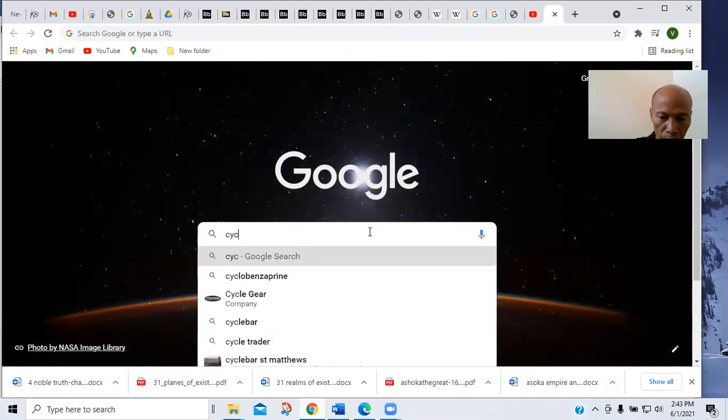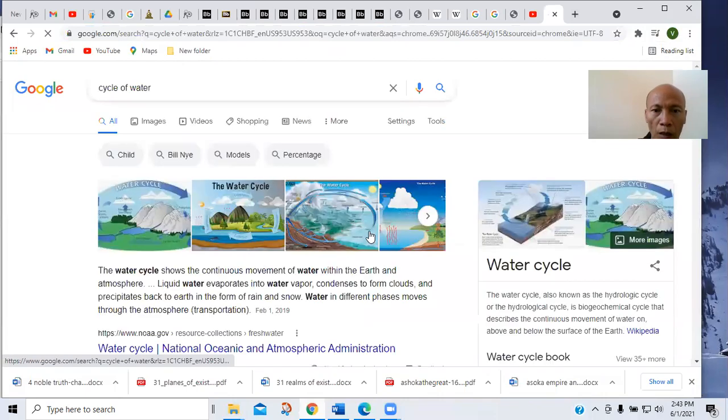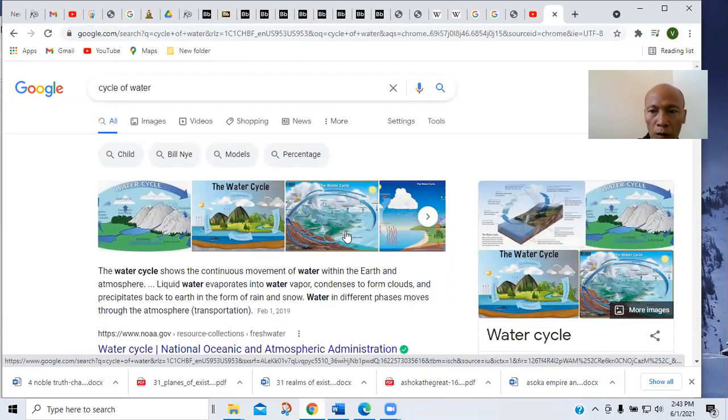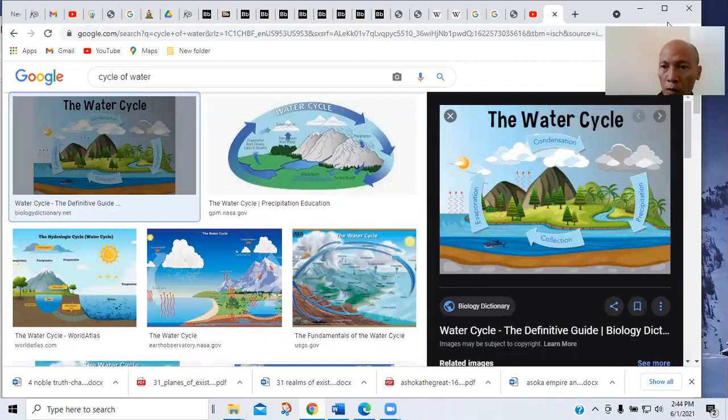Let's say when you type the cycle of water, for example, and you see here, you can pick this simple one. You can see that this is the cycle of the water: condensation as the cloud, dissipation, precipitation is draining down, collection, and evaporation.